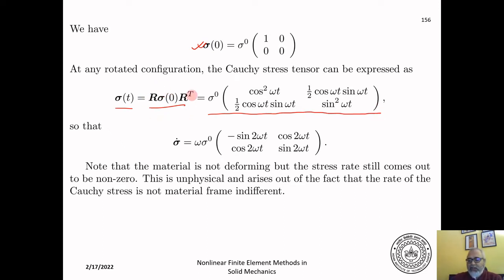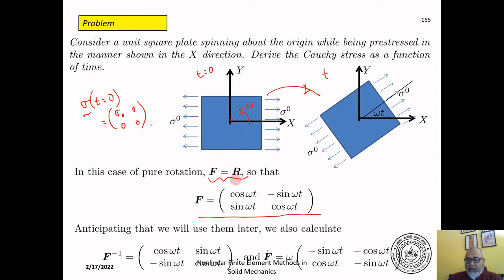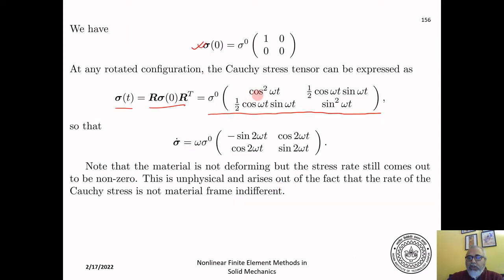This is a simple transformation with F equal to R, this R matrix. So once you do this, you can take the time derivative of the stress, and the time derivative would be this, for any arbitrary time t not equal to 0.